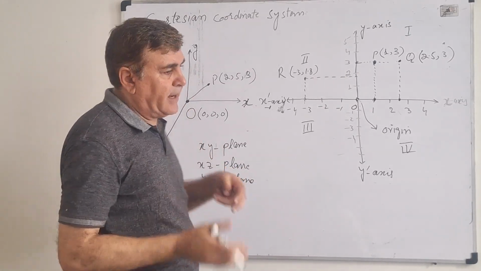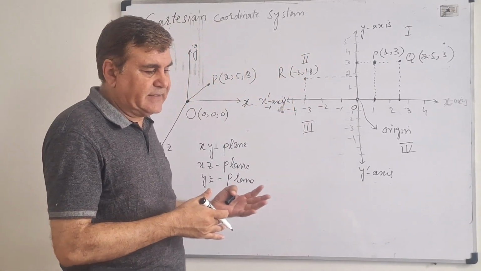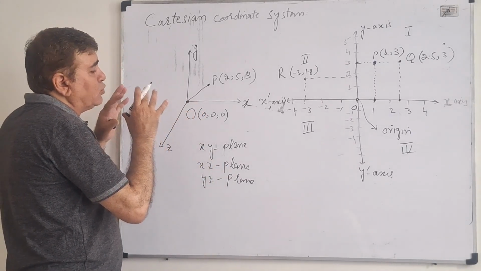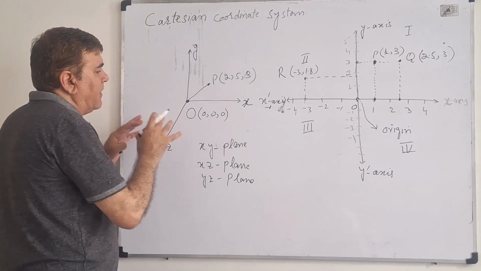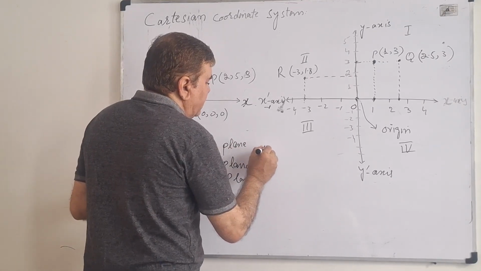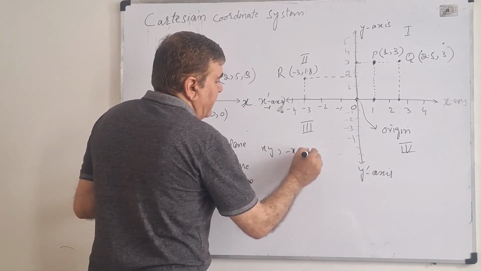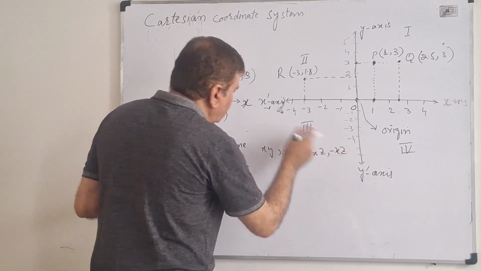Similarly, there are planes with negative values of the three axes. Overall, the 3-space is divided into 8 different regions: the region between x and y, the region between minus x and y, the region between x and z, the region between minus x and z, and so on.